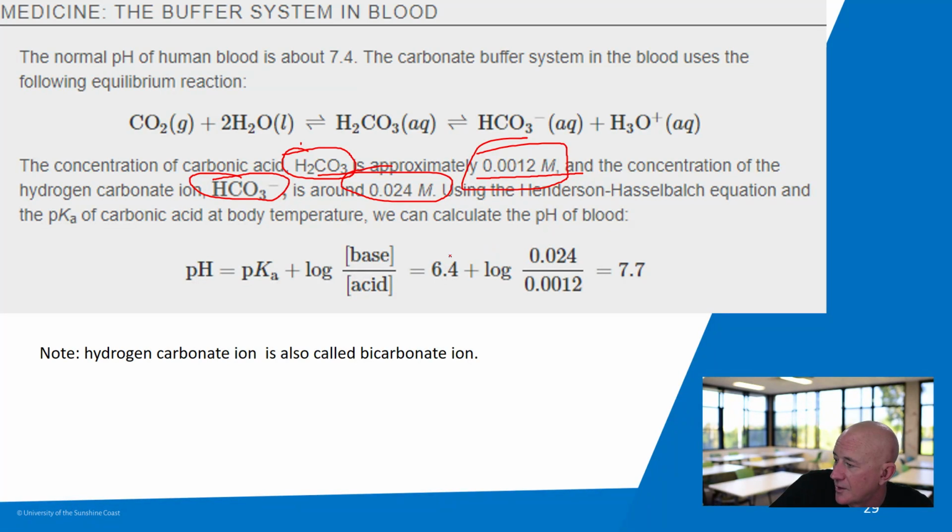What they're going to do now is plug the numbers in. We're trying to find the pH of this particular buffer system. We know the concentration of the A- first. It's there, right? So it's the A- over the HA.